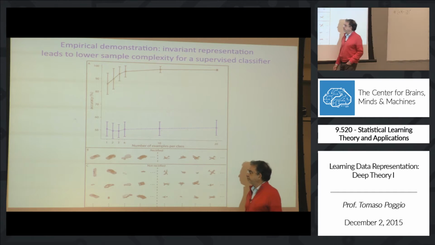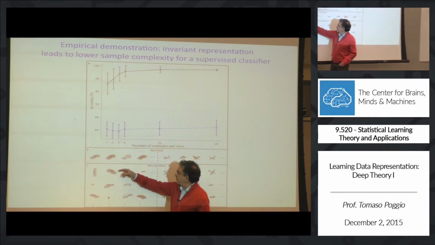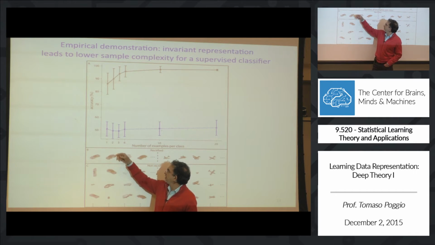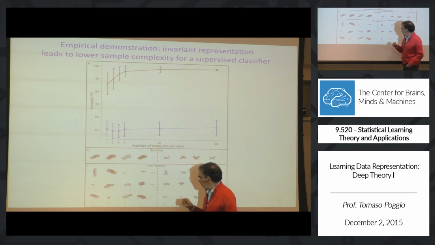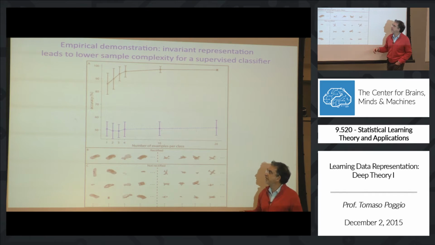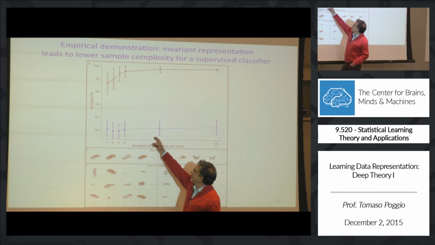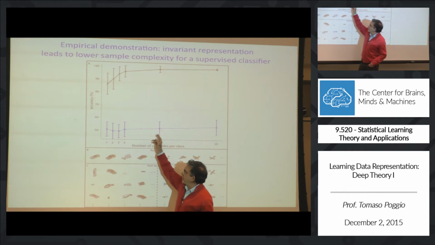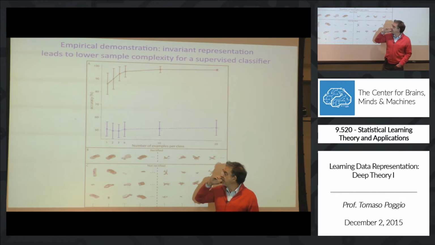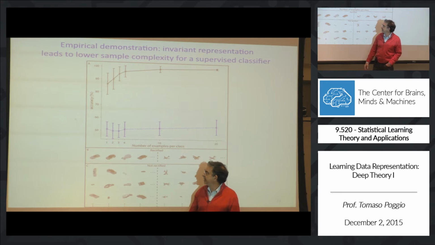And I can train a classifier with 1 car and 1 plane, or 2 cars and 2 planes, or 3 cars and 3 planes, and then test on cars and planes not seen before. And the performance remains at chance if I do this. Not surprising, because it's a linear classifier on pixels.